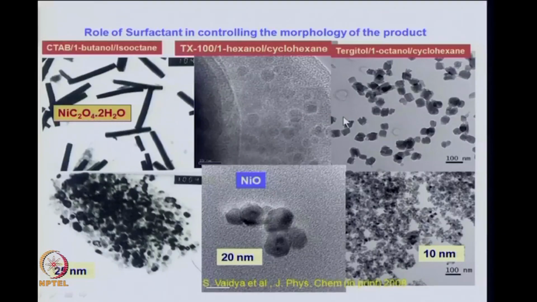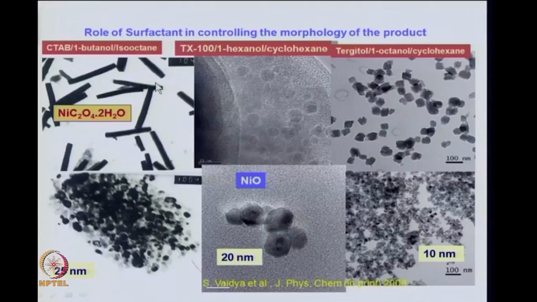In all the cases, you will get same X-ray diffraction pattern telling you all of them are nickel oxalate dihydrates, but when you look at them, some of them are rod like, some of them are spherical particles, and some of them have cube like shapes, and that is because you have changed the surfactants from CTAB, which is a cationic surfactant, to a neutral surfactant like TX100 to another neutral surfactant of a different size, which is tergitol, and you get different shapes of these oxalates.